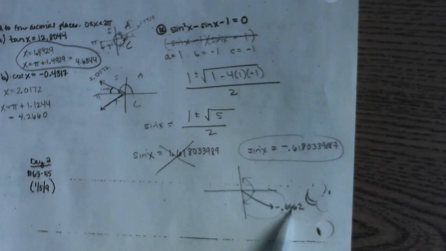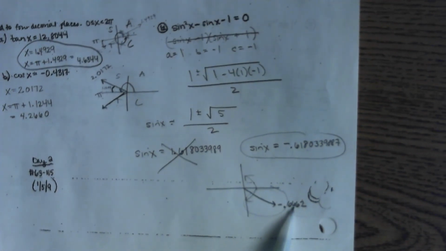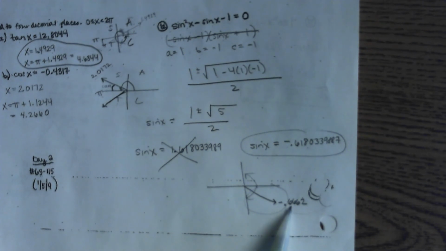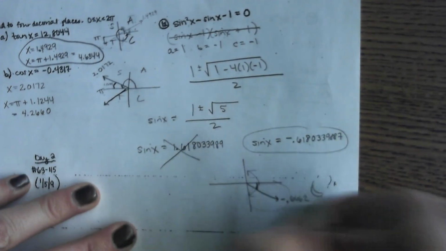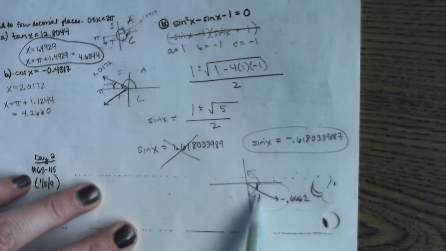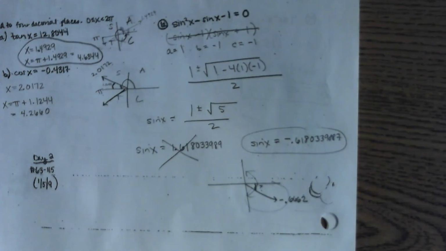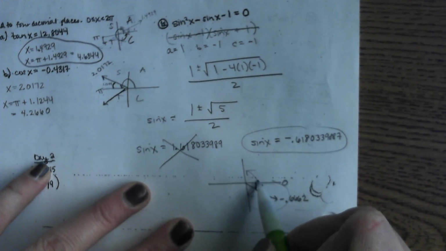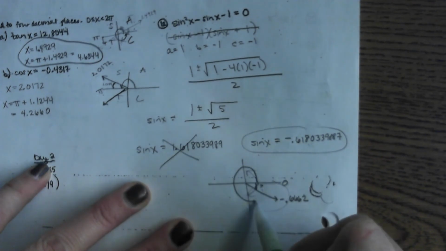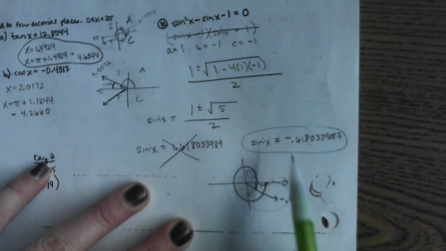This one's not even one of the answers that we're going to give, right? This gives us nothing but the reference angle. What is the reference angle? How far is that from the x-axis? Right, 0.6662.